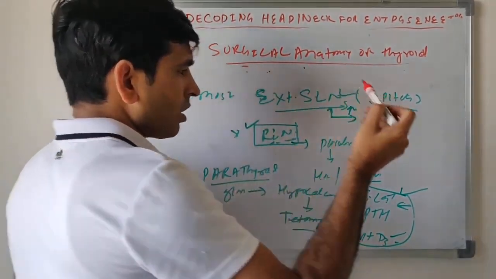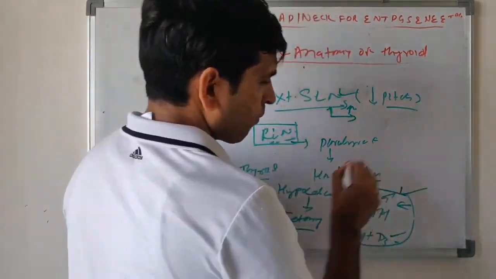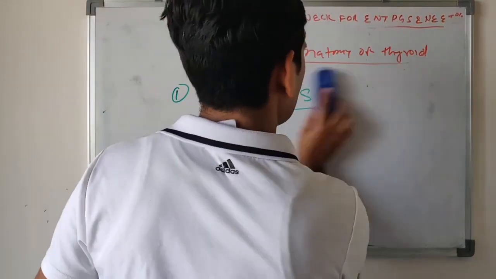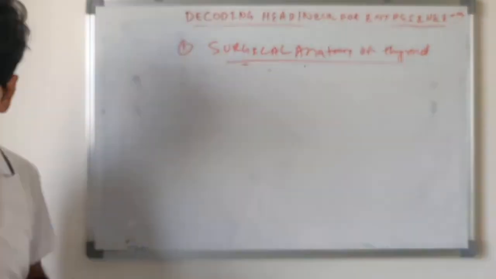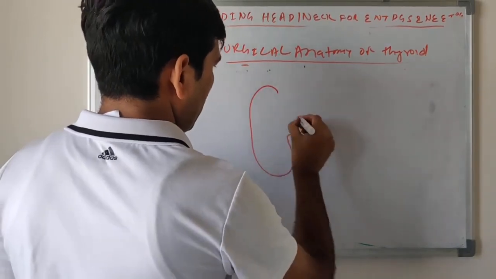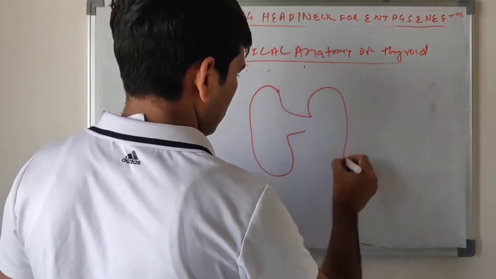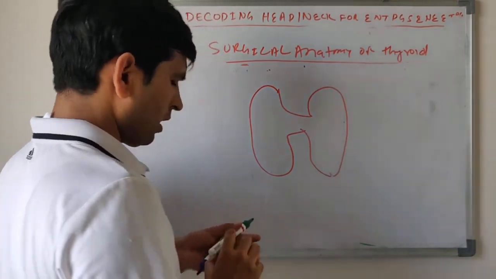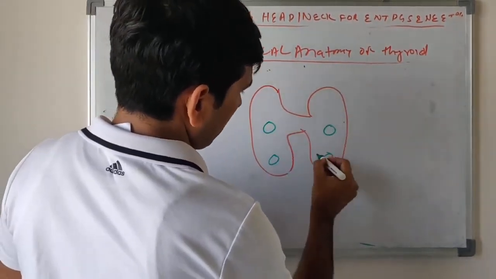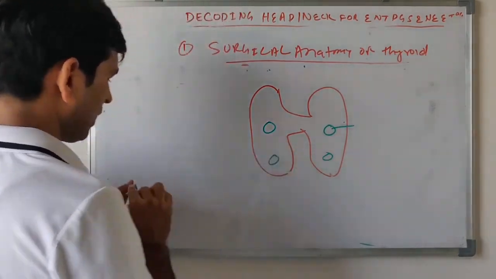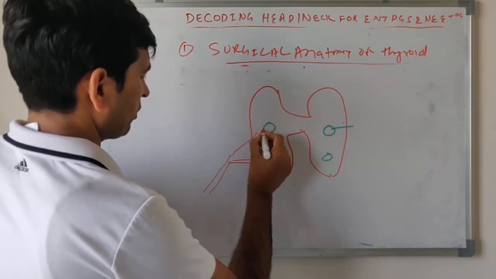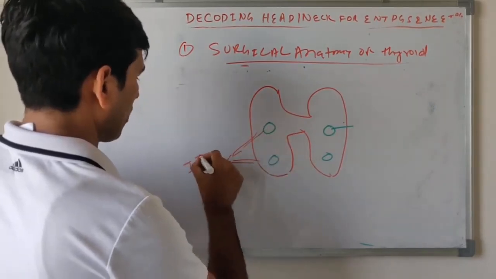If you see, this is posteriorly, I am drawing the posterior surface. These are the parathyroids. Their supply mainly comes from the inferior thyroid artery.